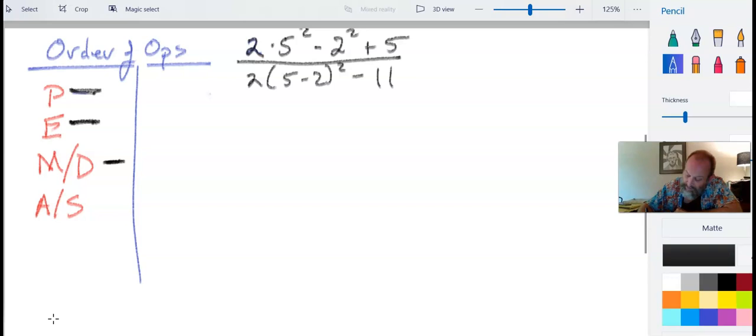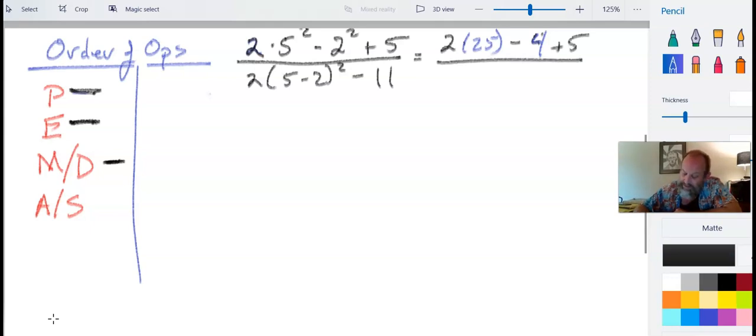So I have 2 times, and now 5 squared is 25, minus 2 squared is 4. Oops, so I'm actually changing two things this time. And then plus 5.